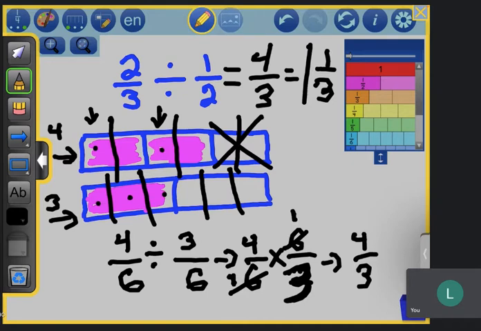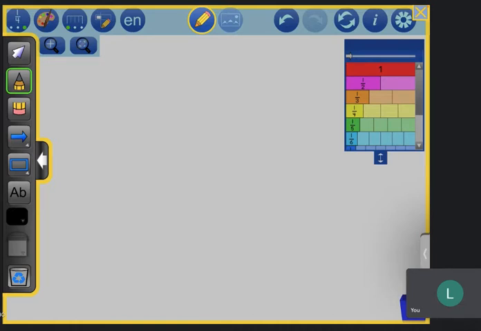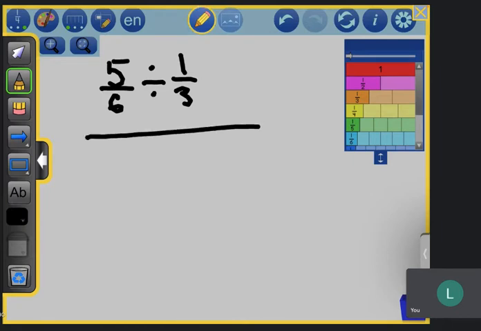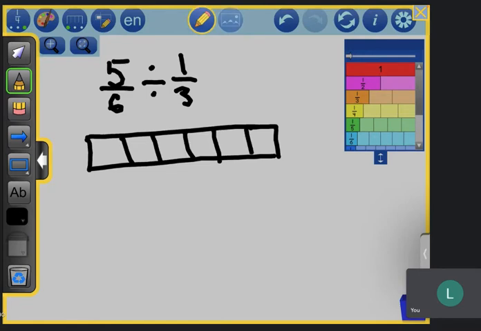Okay, let's try another one. We're going to try 5/6 divided by 1/3. So I make my boxes. And this is 6: 1, 2, 3, 4, 5, 6.